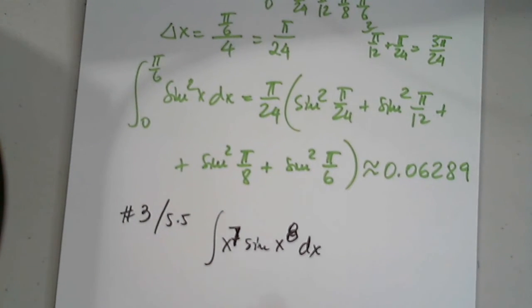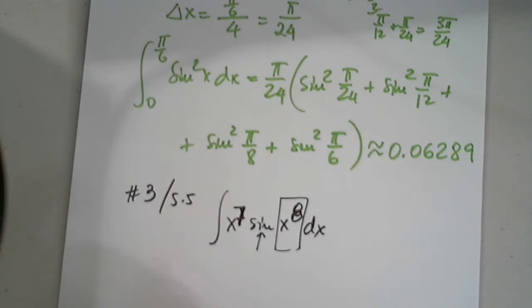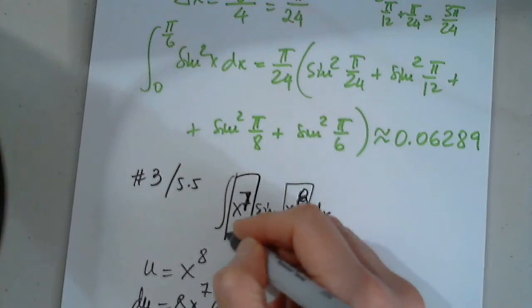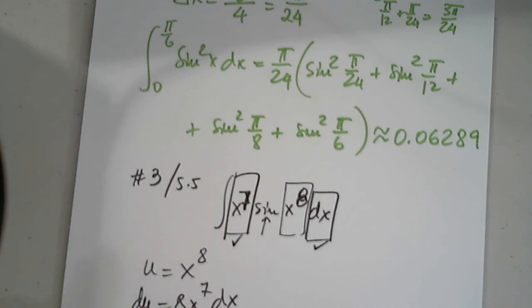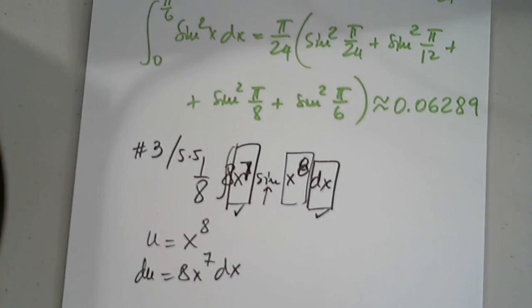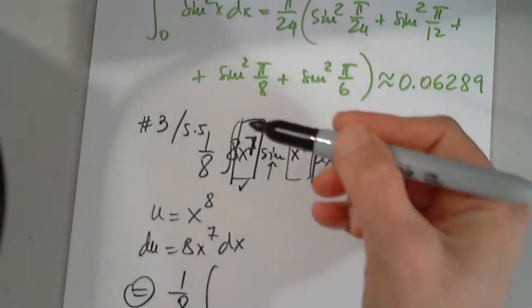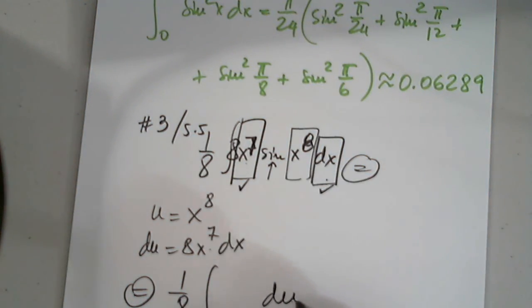Okay, perfect. So of course I don't like this inside of sine. So I'm going to say let u be x to the 8th, as long as du is in the problem. Yes, it is. This and this. It's missing an 8. Who cares? So then from here we have 1 over 8 in front. 8 x to the 7th dx will be du.